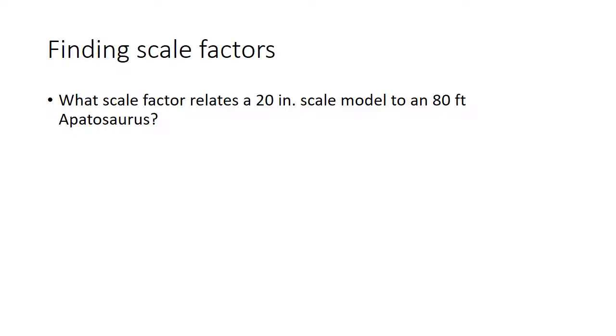Right, so if we have the model and we have the actual, then we can find what the scale factor is pretty simply. So remember when we're doing this, that in a ratio, our model is going to be first and then the actual object is the second. So I'm going to take my two numbers here, my scale of my dinosaur and my actual dinosaur.